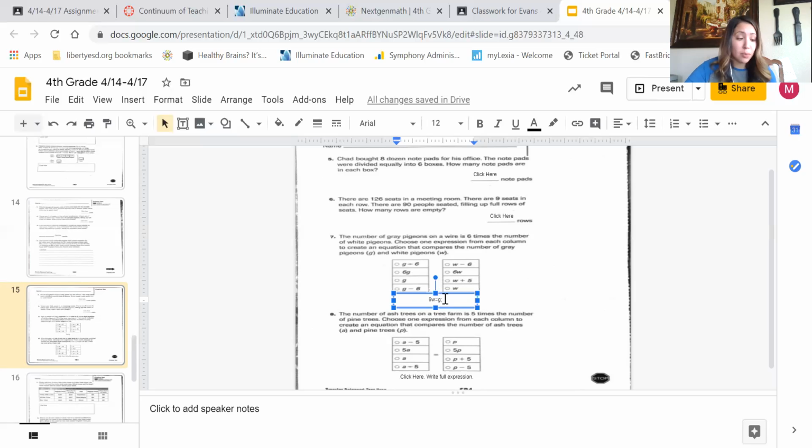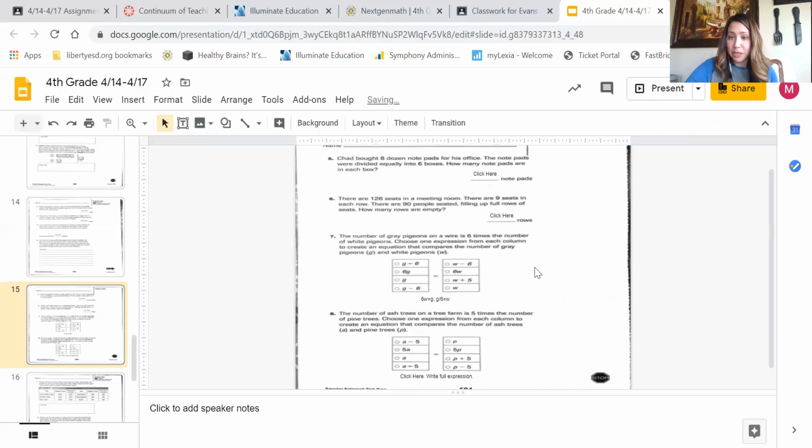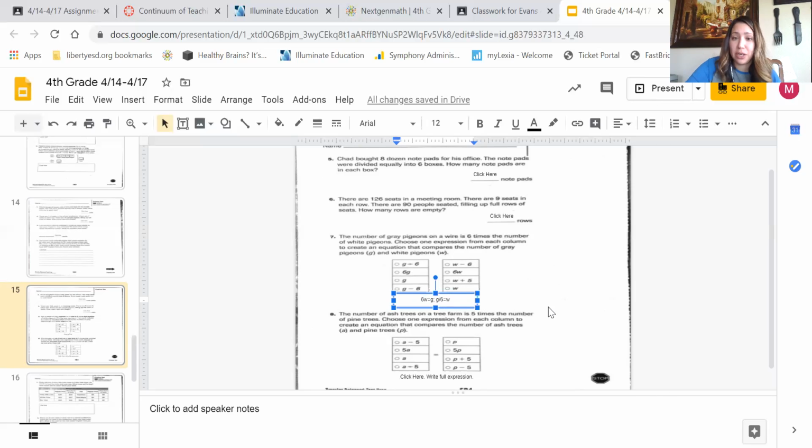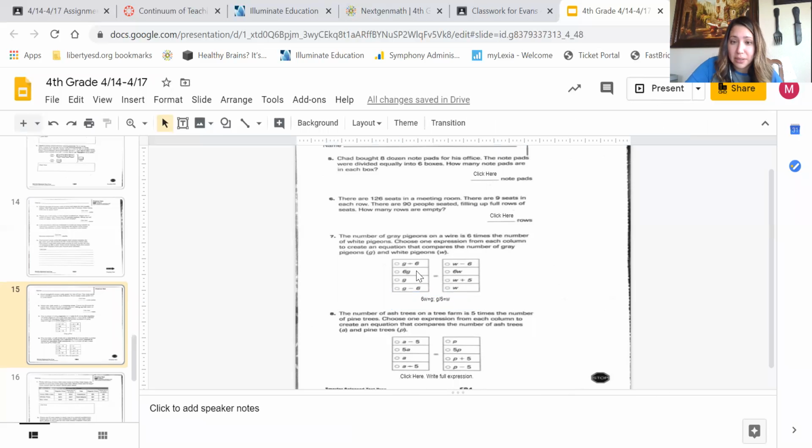Or another possible answer is, you can do the number of gray pigeons divided by, I don't think I have a divided by on here. I'll put slash for divided by. So gray pigeons divided by 6 could equal my total of white pigeons, okay? So that's what it means by an expression, all right, with the comparisons.